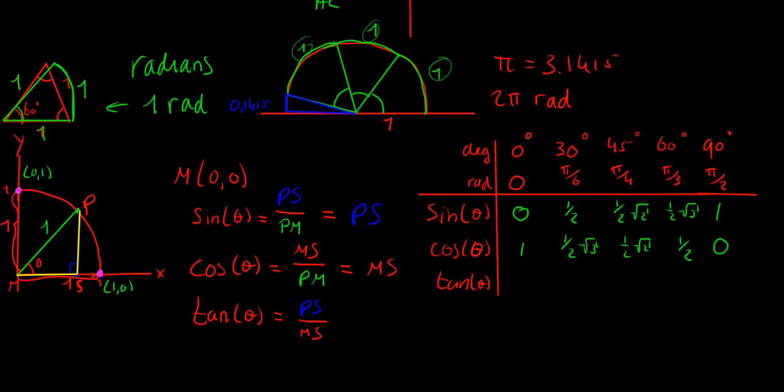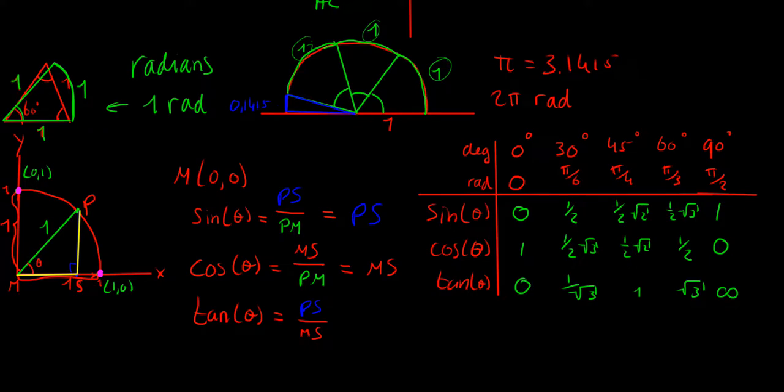For the tangent, you would think that these values aren't really that necessary. However, they are very handy if we go to the next video about polar forms, where at 30 degrees this ratio is 1 over square root of 3. Here it is 1. Here it is square root of 3, and here we get to infinity.